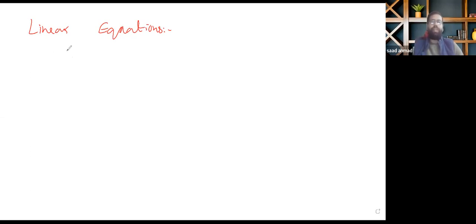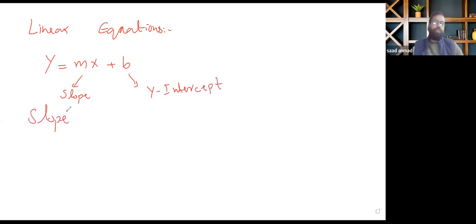There are three basic forms to write a linear equation. The first one you might be familiar with. It's very common: y equals mx plus b, where m represents the slope and b represents the y-intercept. And this form is called slope-intercept form.